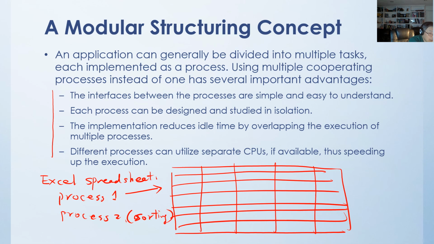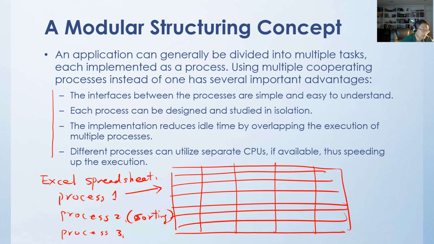Then you can use another process to do the calculation of the data in a cell and output the data into another cell, using the formula in the Excel spreadsheet. Now each is running as a different process.